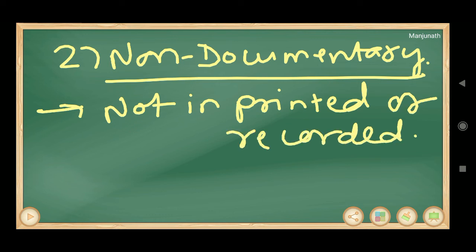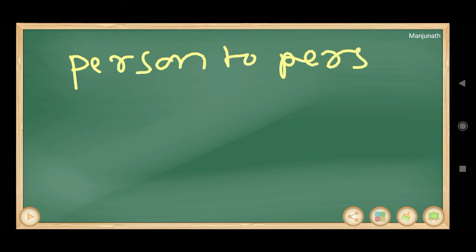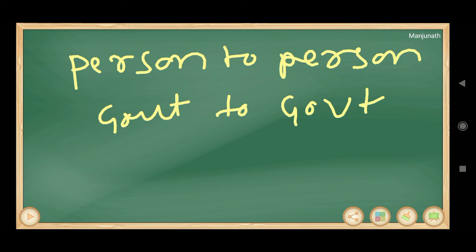The information in this type is usually between person to person. Sometimes the communication is between government to government, or between a government and a government department.